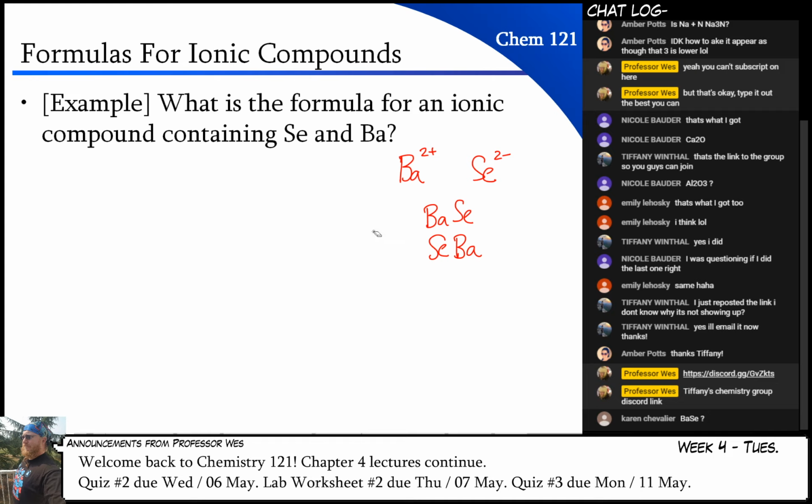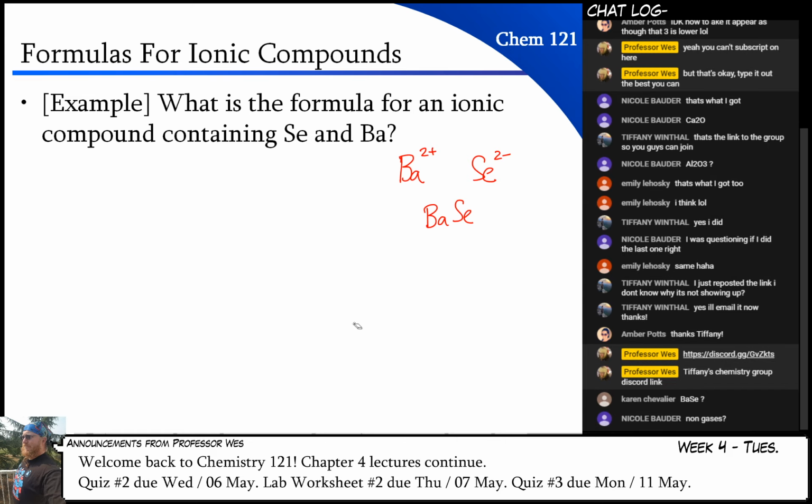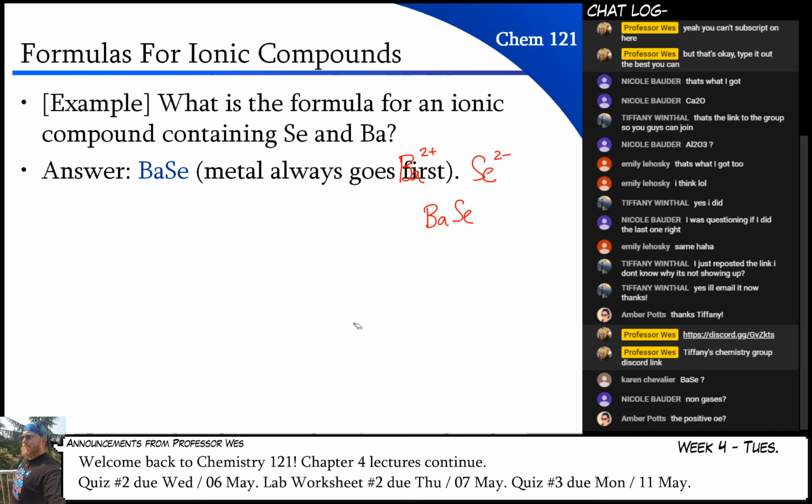Turns out the one that we always put first is the metal. So this one is not how we write it. This is the correct answer. Yep, so you put the positive piece first.